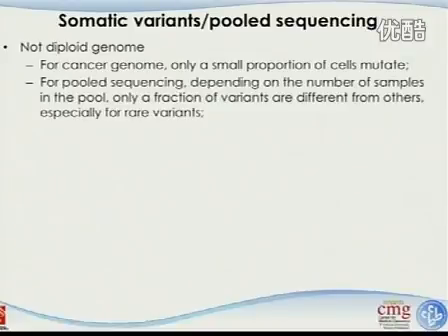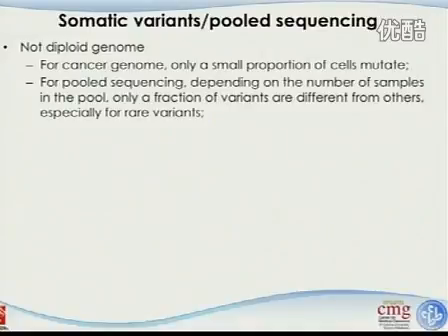And for pooled sequencing, depending on the number of samples in the pool, only a fraction of variants are different from others. If we have 100 individuals, their DNA sequence put together, maybe only 1 or 2% have that variant, and that is a very small percentage. So this really violates the 50% diploid genome assumption.